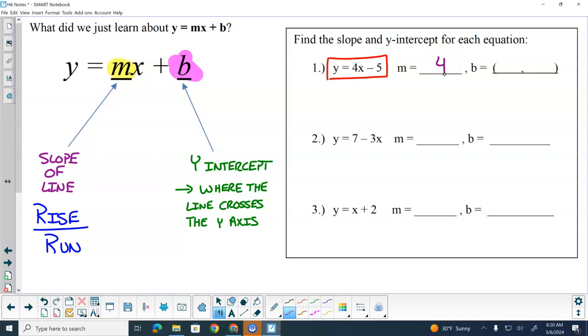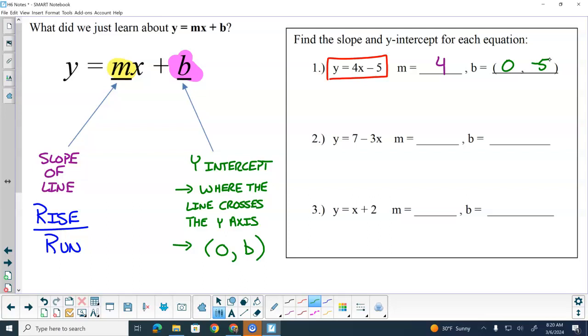Now my y-intercept is going to be what? -5, but we need to write it as a point. That point, when we write it, is going to be (0, b). The y-intercept is a point, so we need to put it in point form. So my y-intercept here would be (0, -5).